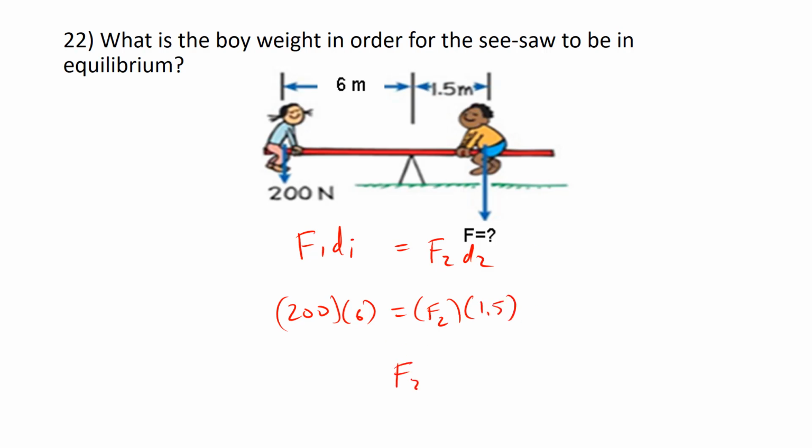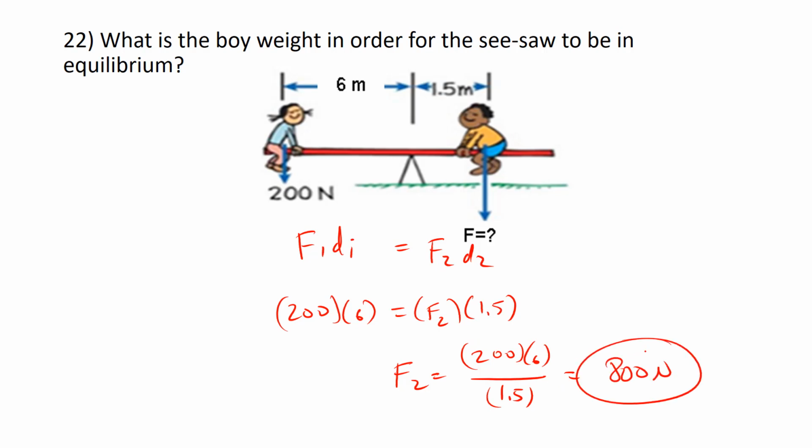So F2 equals, when you plug this in, 200 times 6 divided by 1.5. You divide by 1.5 on both sides, and that's what it ends up being right here. And so 200 times 6 divided by 1.5, and I get 800 newtons. So this would be the boy's weight in this picture.